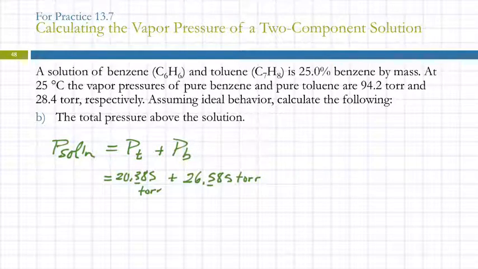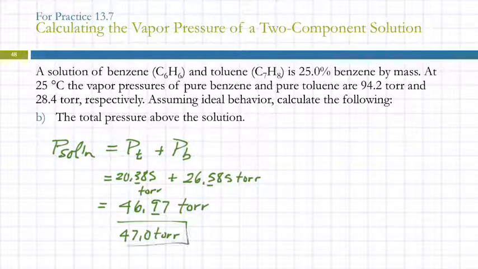So we add those together. Having trouble with the calculator. 20.385 plus 26.585. Calculator says 46.97 torr. Sig figs with adding should stop there, so that rounds to 47.0 torr. Any questions?